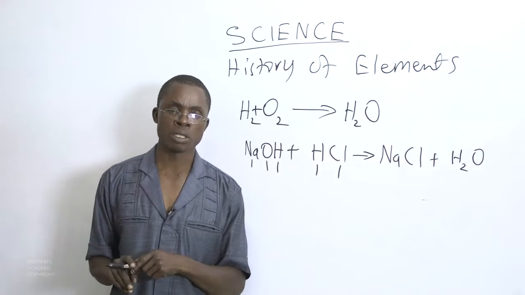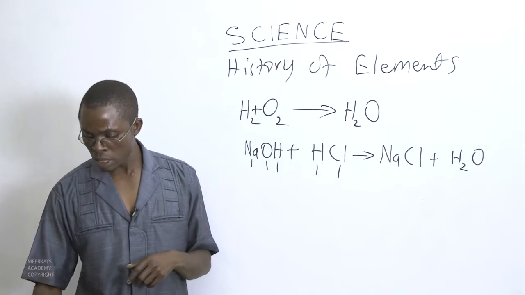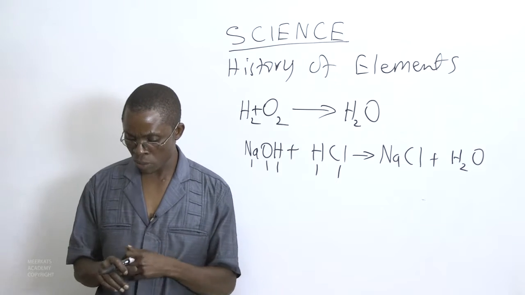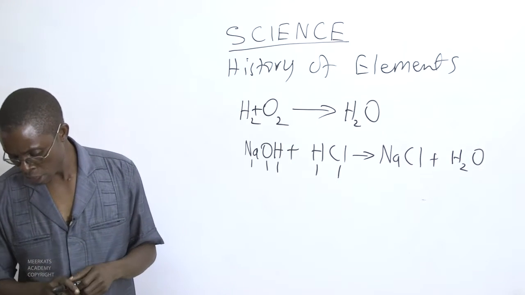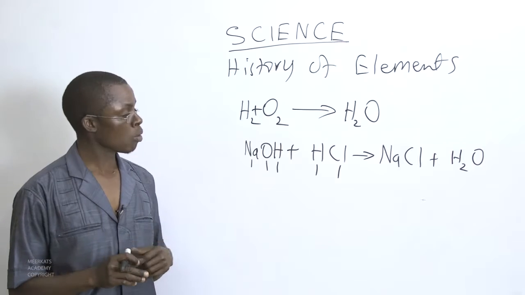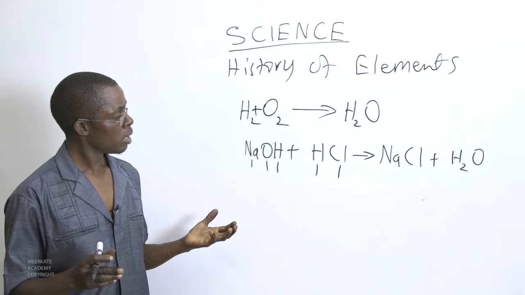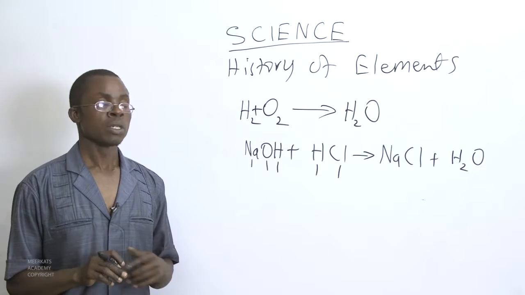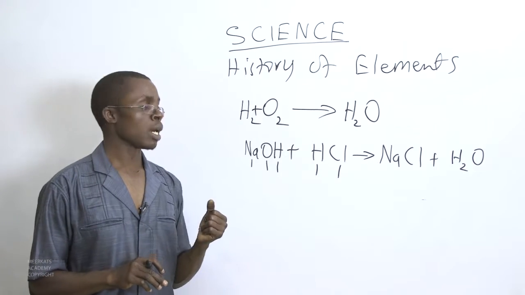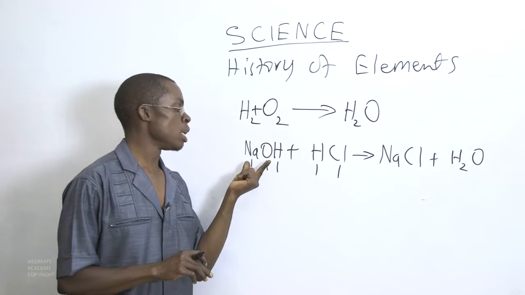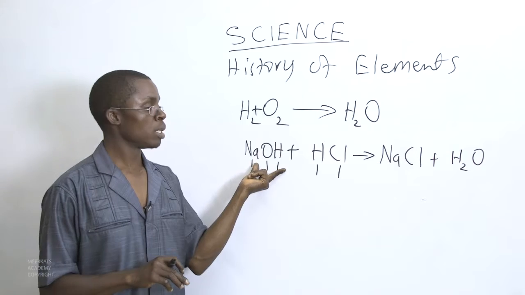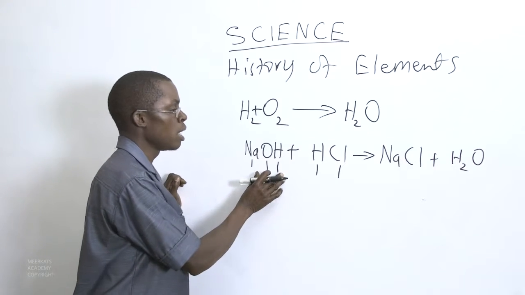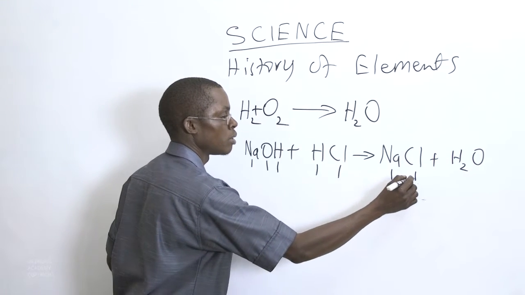This is a chemical reaction. Looking at the statement John Dalton gave, which is the last one, that chemical reactions change the way atoms are grouped, it is true. This chemical reaction has changed the way the atoms have been grouped. We had 3 here, now we have 2.